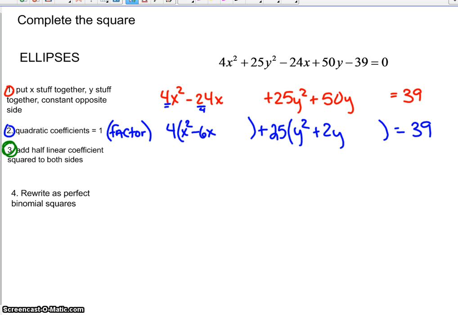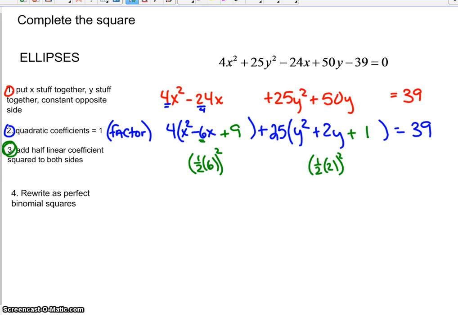We're still going to add half my linear coefficient. I'm still going to take half of 6, which is 3, and square it, which is 9. I'm still going to take half of 2, which is 1, and square it, which is also 1.